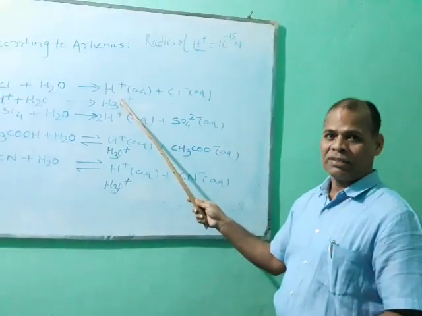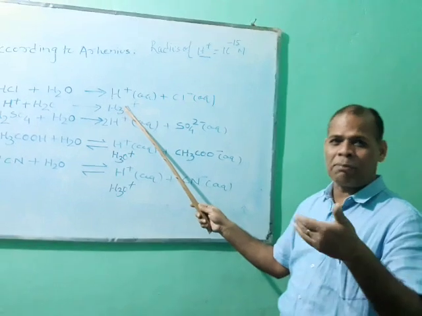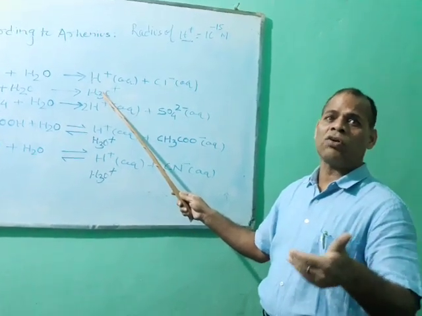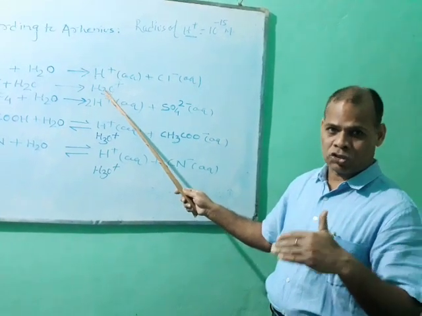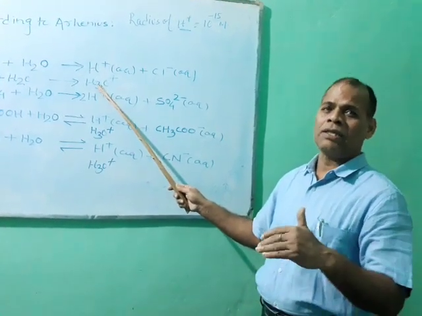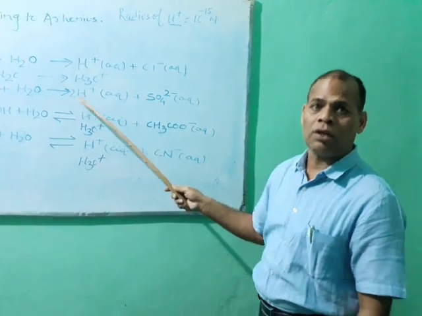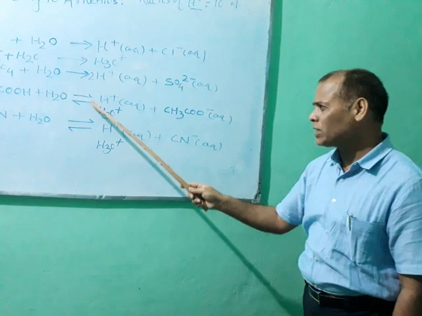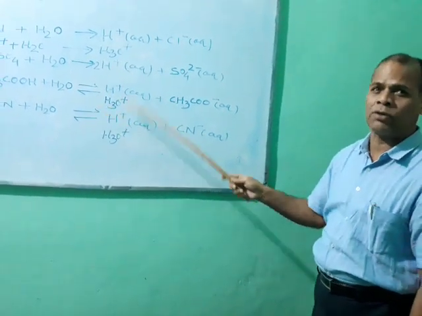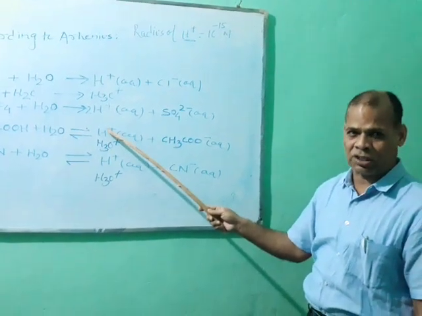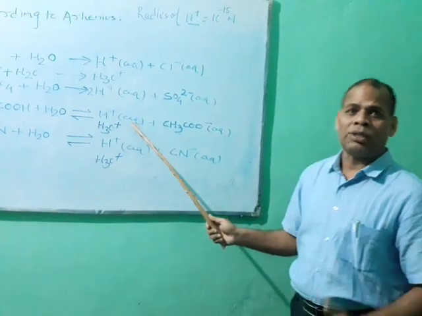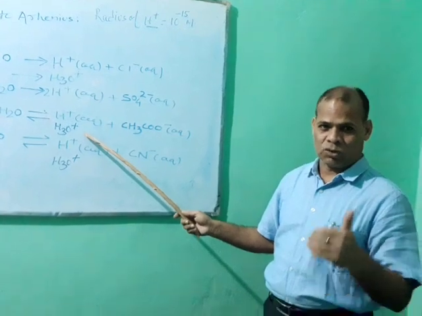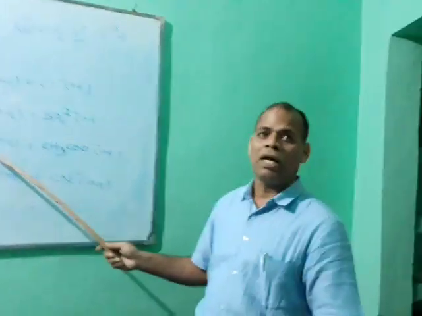It means it has a large number of ions, so it acts as a strong electrolyte. And since weak acid has a smaller number of hydronium ions or hydrogen ions in its solution, it acts as a weak electrolyte.